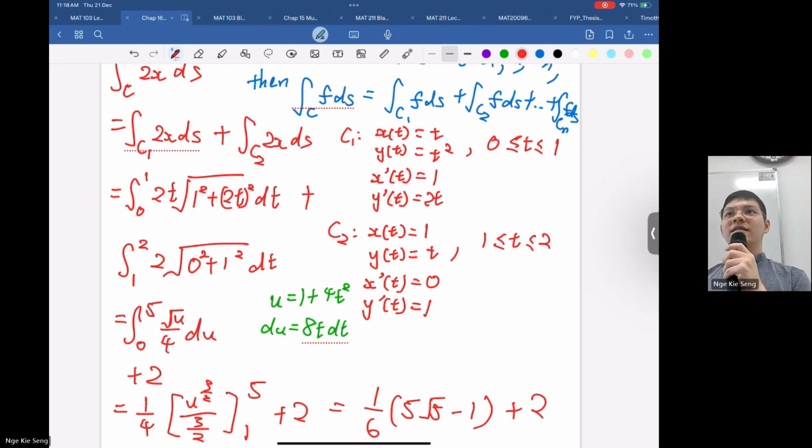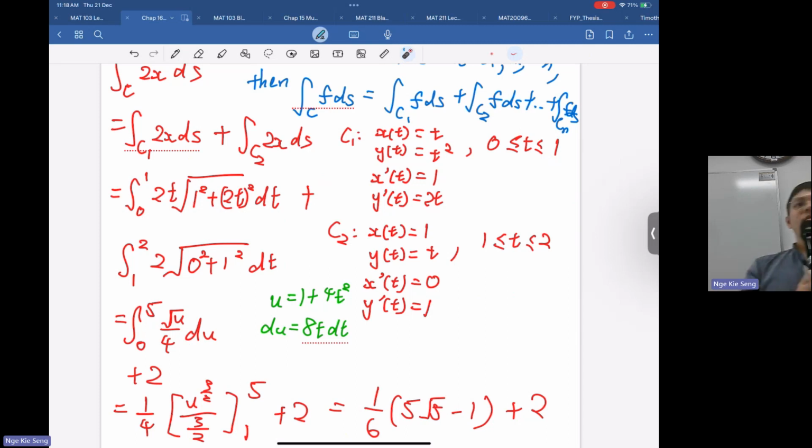Yeah, just integrate square root u. Integration, you need to add 1 to the power. Then for the second one, 2t evaluated from 1 to 2. We finish that calculation. It's 2. Make sense or not?